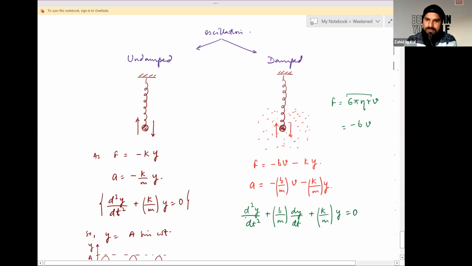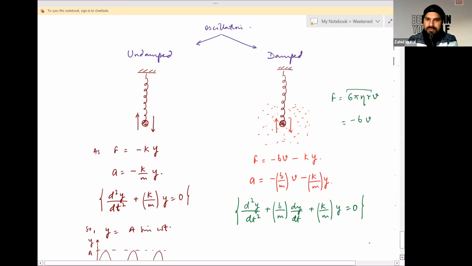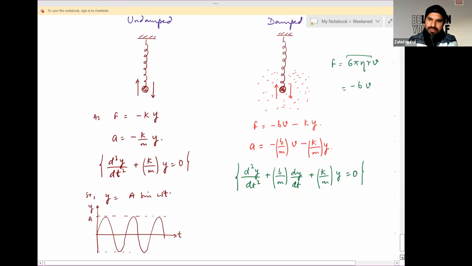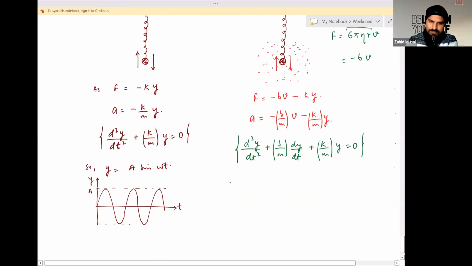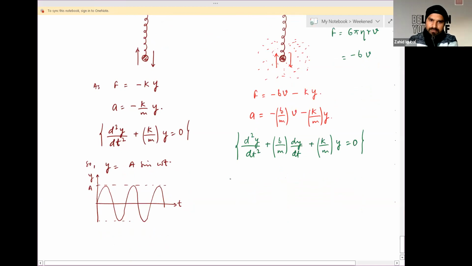So in this part, we have three different terms. If you simplify this expression, you will get y equals some a naught e to the power minus b divided by 2m into t, multiplied by cos omega dash t plus some phase phi.